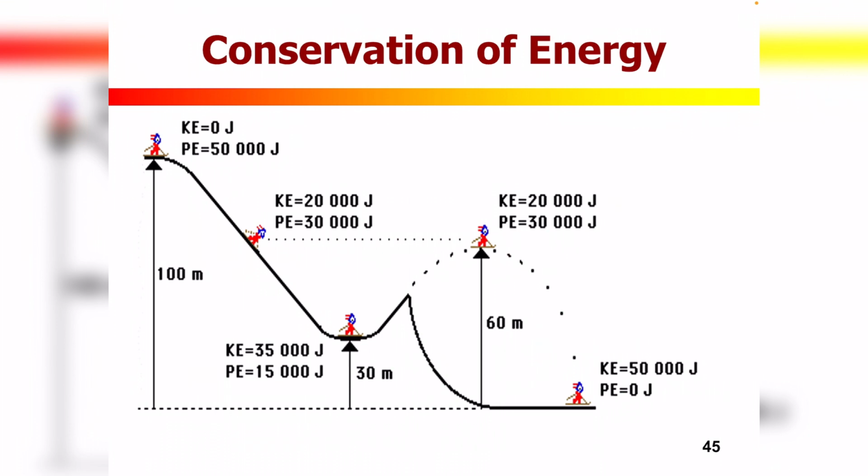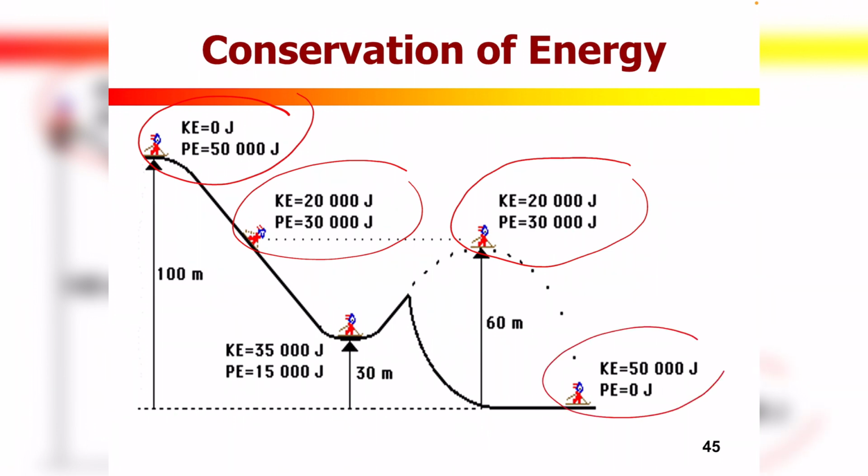So you can take a closer look at this picture. Now you can see that this is a girl sliding down an icy hill. And you can see that at a certain distance, you can also take note of the amount of energy in all the areas where she went.